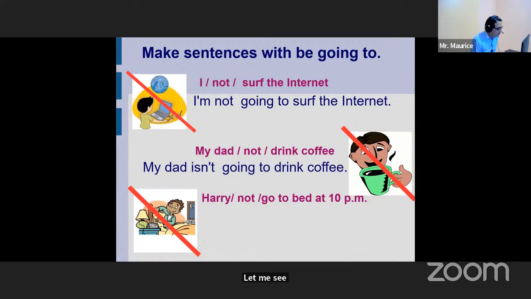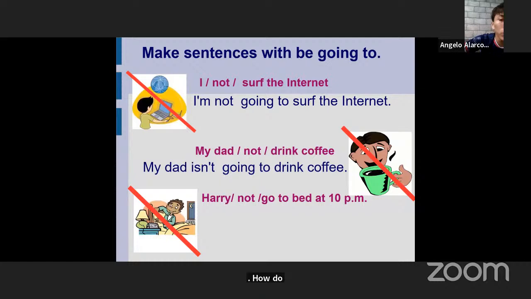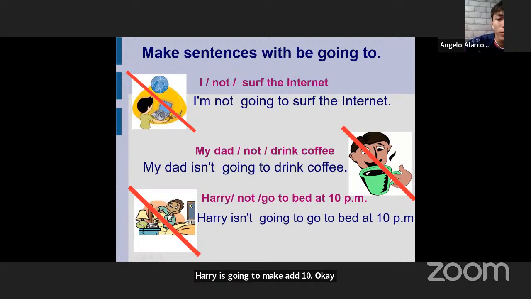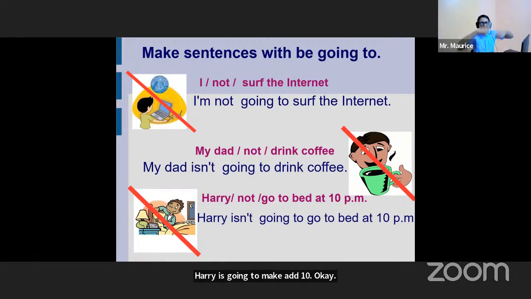Okay, Ángel Alarcón, please, last sentence. Harry is going to bed at 10 p.m. Read again, Ángel.